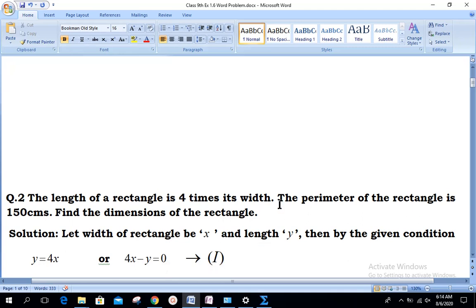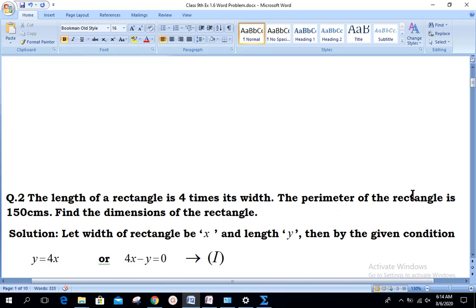What is the next condition? The perimeter of a rectangle is 150 centimeters. Students, you all know perimeter of rectangle is 2 times of length plus width. That is 2 into length plus width is equal to perimeter of rectangle. Find the dimensions of the rectangle.